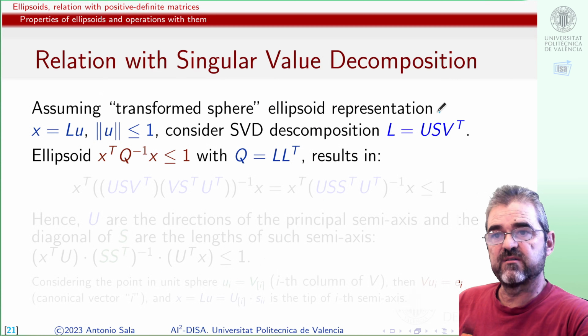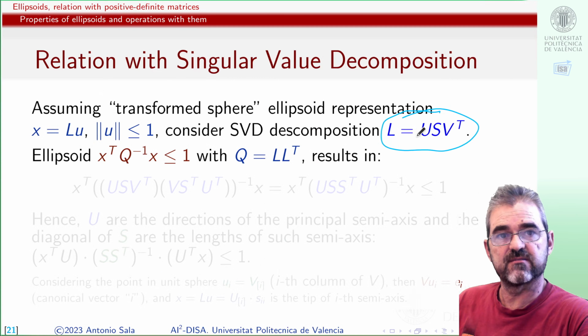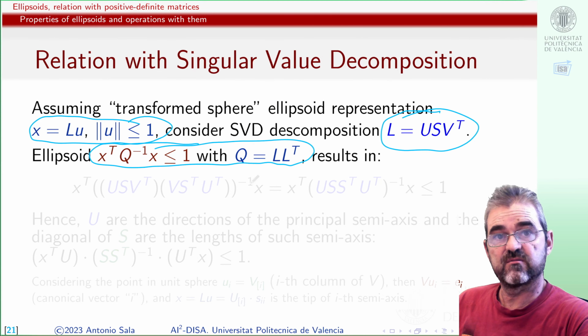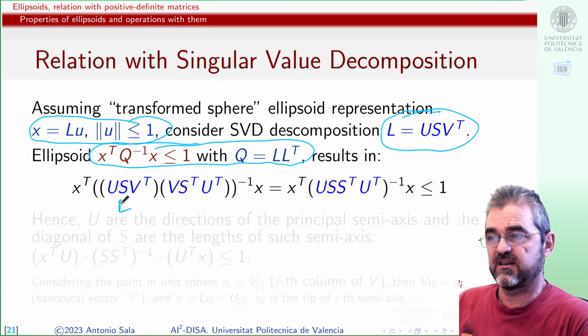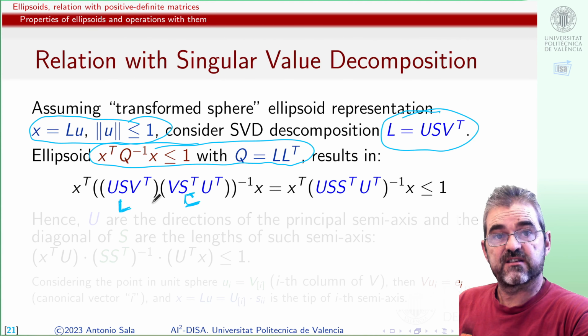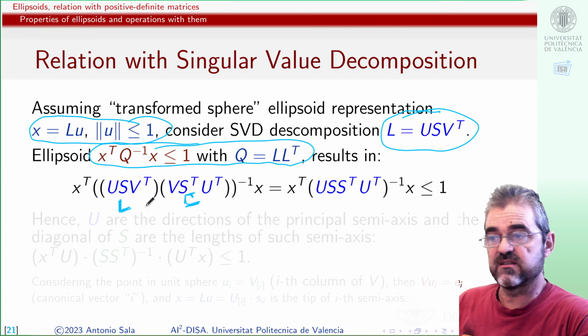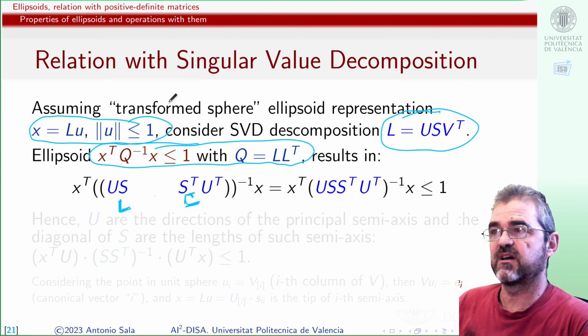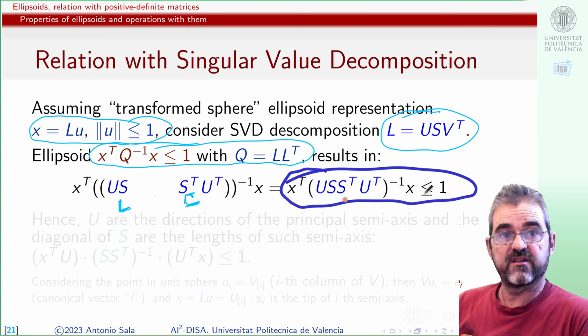So imagine that we decomposed L like this. Then of course this ellipsoid and this ellipsoid are the same. We just saw it in Matlab. But okay, this is L transposed, and doing operations, as V is an orthogonal matrix, V transpose V is identity, so we can delete what is inside and end up with this.